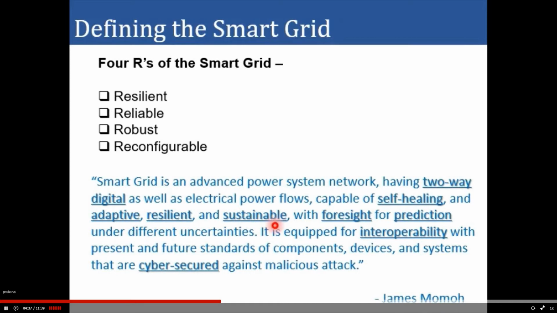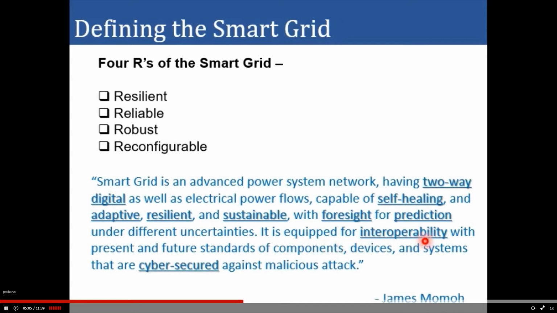Sustainable means it can withstand any abnormal condition without any problem, and it will not break when there is a problem in the system. Foresight for prediction means the system can predict any abnormal condition well in advance and take action accordingly to avoid that abnormal condition happening in the system.